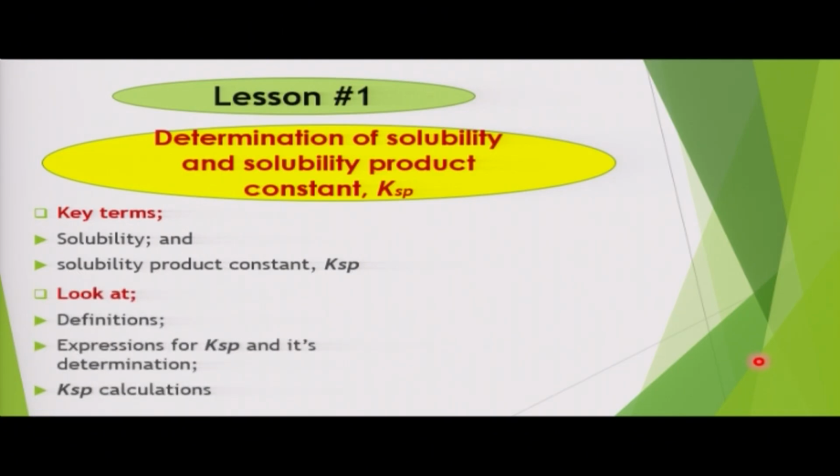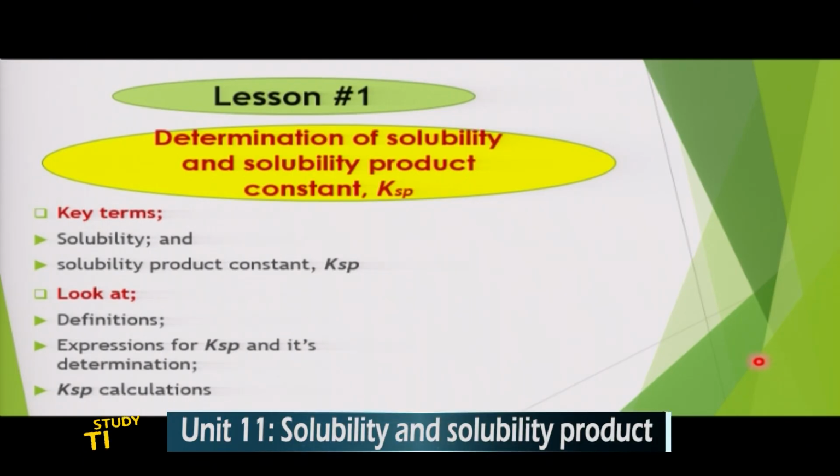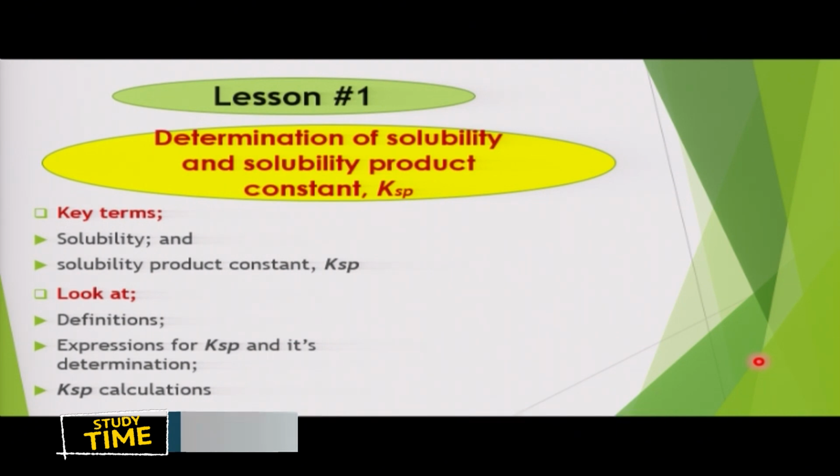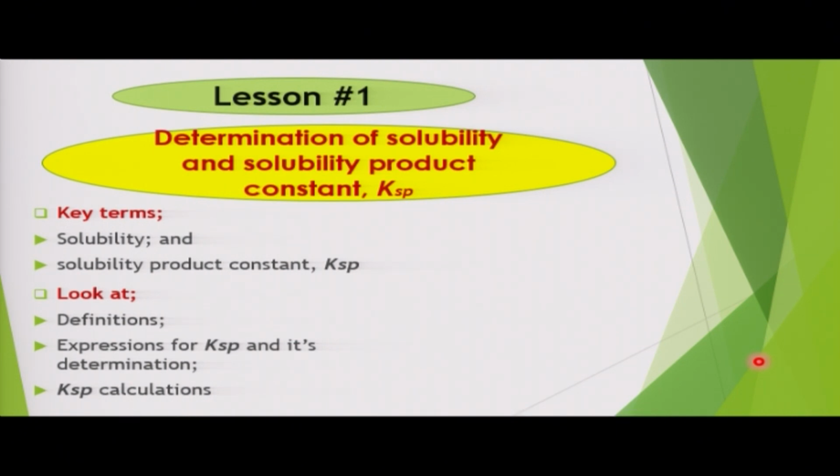Some of the things we shall focus on in this lesson are the definitions of those two, defining solubility, solubility product constant, and other definitions as you looked at them in your ordinary level chemistry. Then we also look at the expressions for KSP.